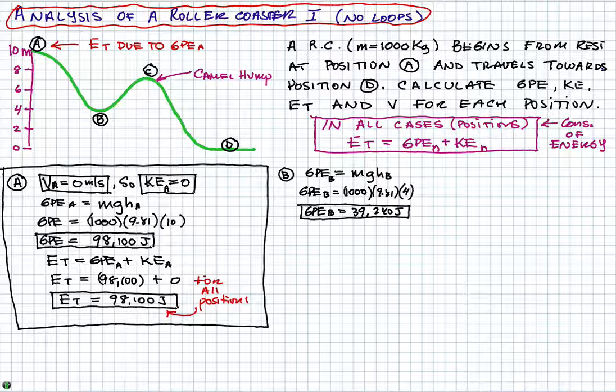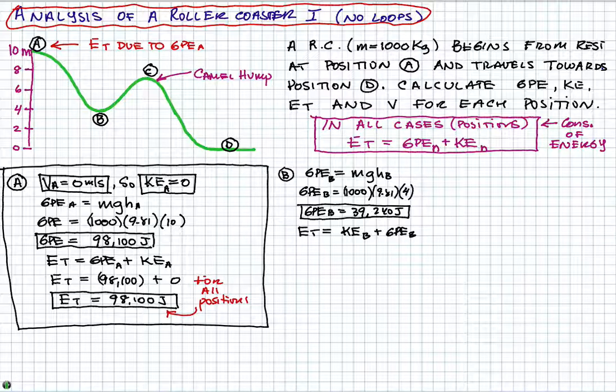Now I can figure out my KE by looking at the total energy. So the total energy ET is equal to KE, and this would be at position B, plus GPE at position B. That's the total energy.